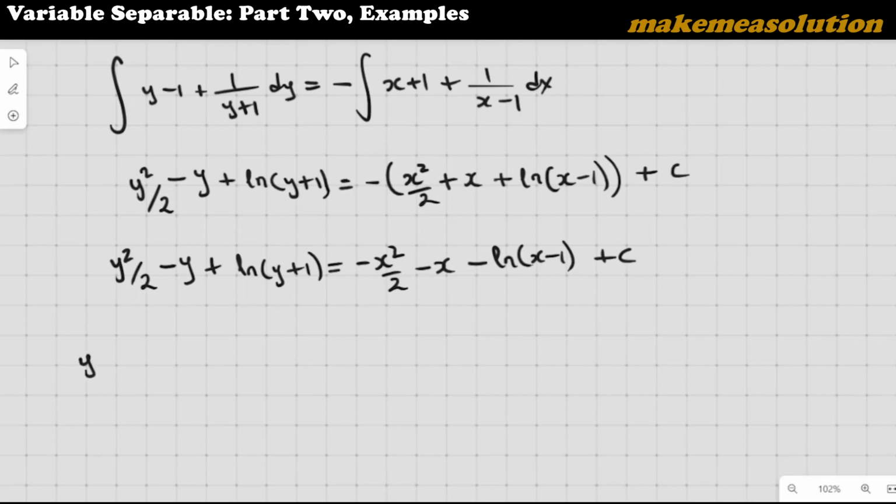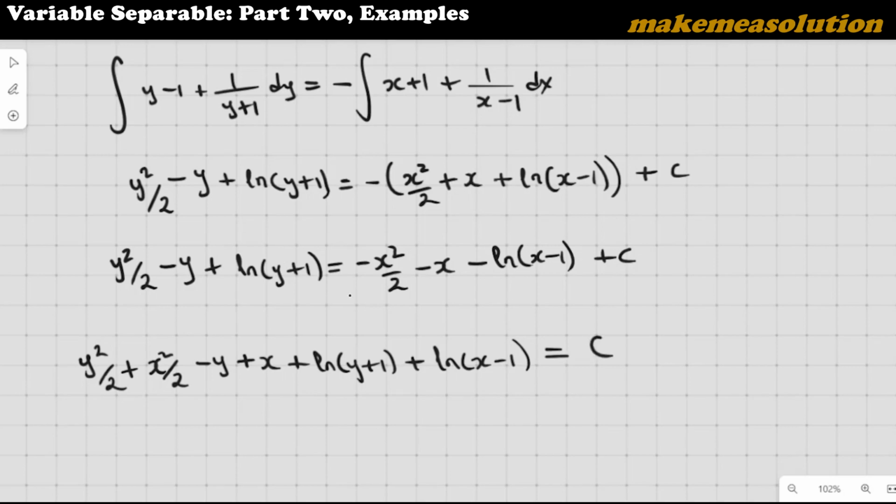So you have y squared over 2 plus x squared over 2, then you now have minus y, then plus x, and plus ln y plus 1 plus ln x minus 1, and is equal to c. Okay, so we just took everything about variables to the left hand side, and we left the constants on the right hand side.